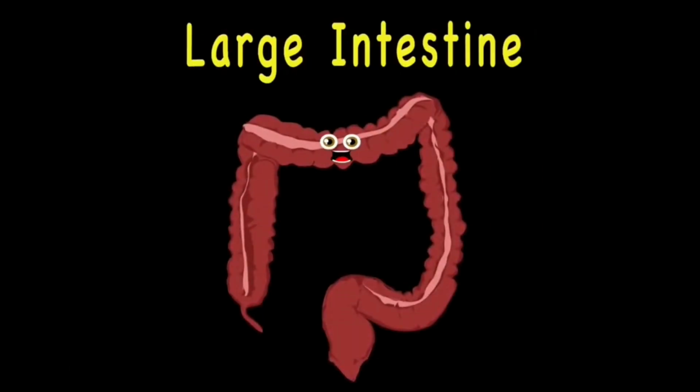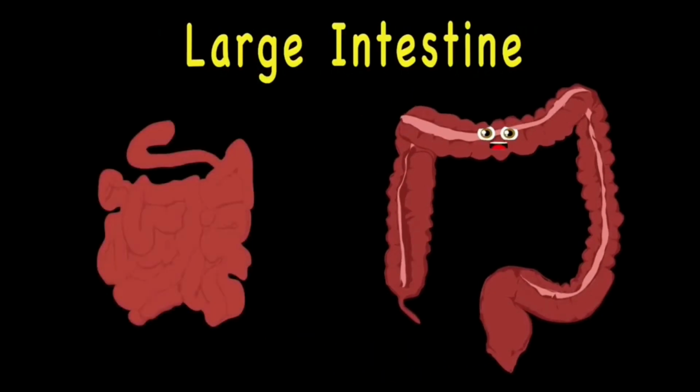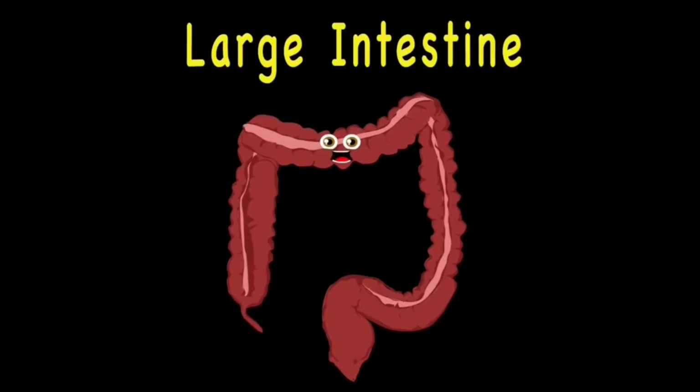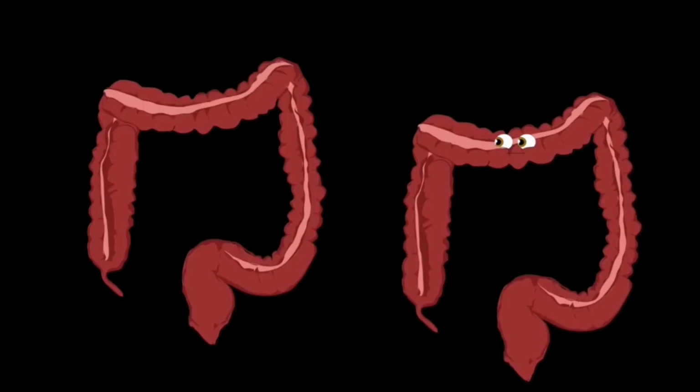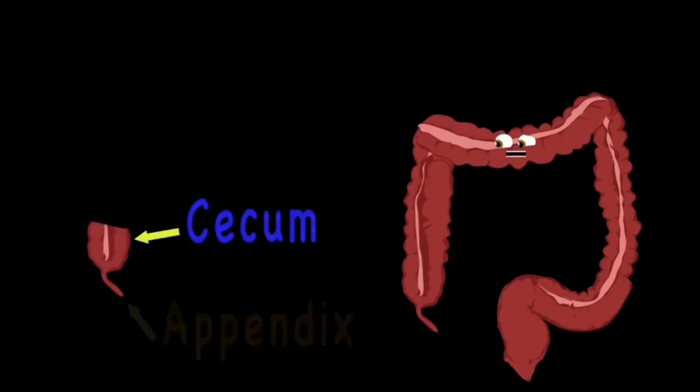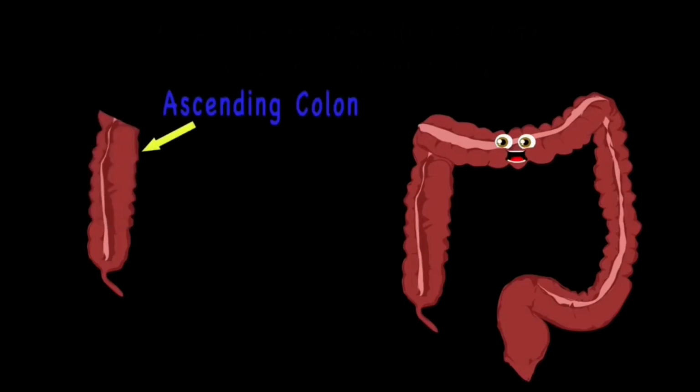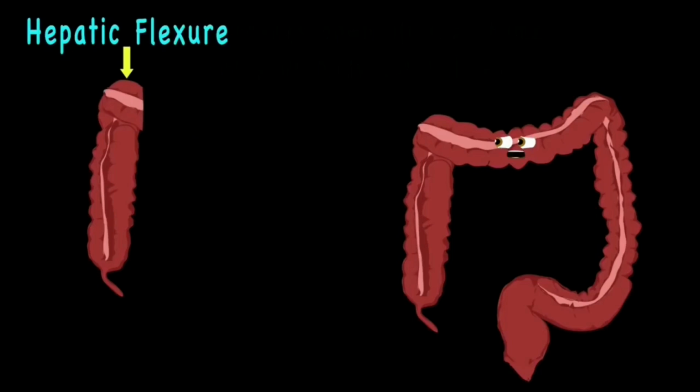I am your large intestine, though I'm shorter than your small. I'm called your large intestine due to my expanded walls. I'm made up of 10 different parts, all connected into one. We'll start at the tip of your appendix, attached to your cecum. The next part of my tubular shape is the ascending colon, which leads to the hepatic flexure, so you're learning in this song.